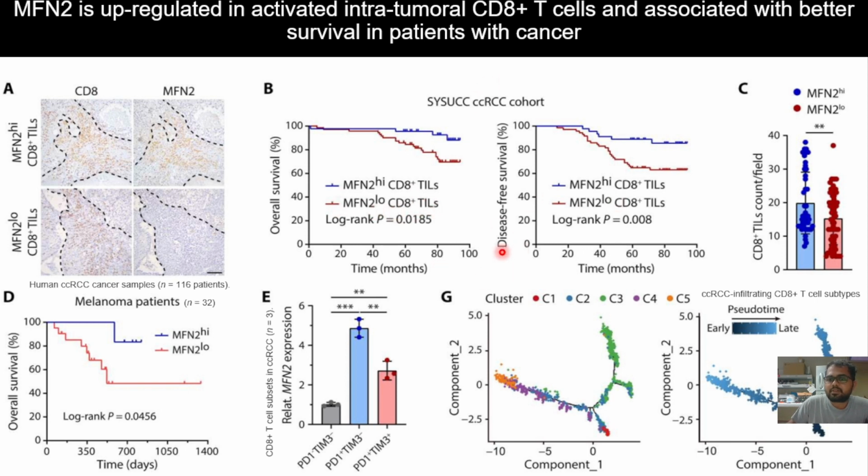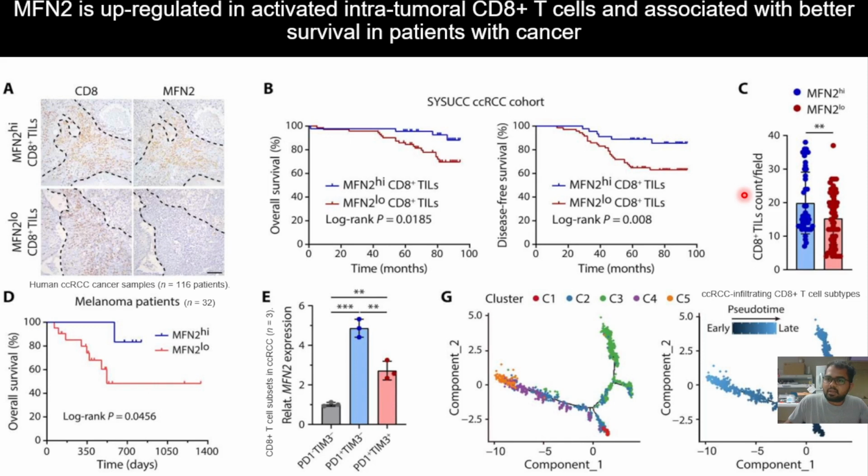Similarly, the disease-free survival also correlated with high MFN2 expressing CD8 T cells. So if in patient tumor samples the expression of MFN2 is higher in CD8 T cells, there is more disease-free survival in these patients also.